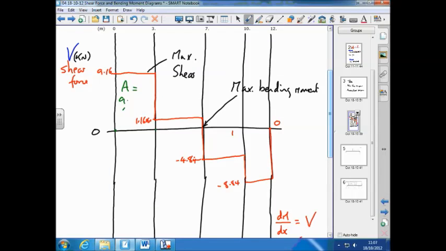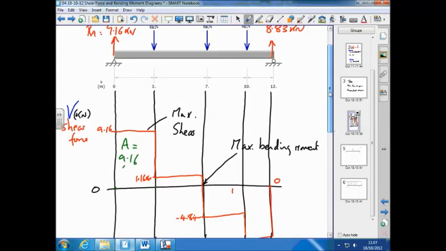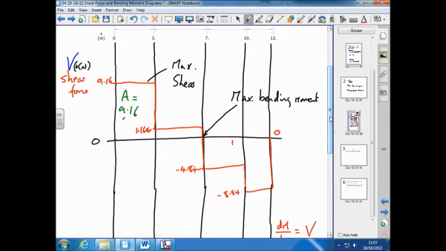It equals 9.16, that's the height of it, it's a rectangle, multiplied by the base. Well, the base is from 0 to 3 meters, so times 3. 9.16 times 3 is 27.48.